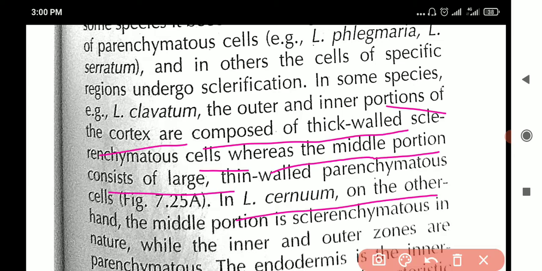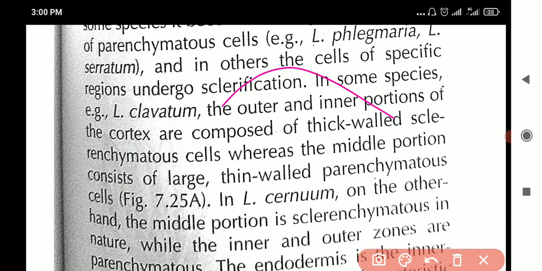So in the diagram, I think it was the clavatum, you saw only epidermis, then there were some thick cells, the thicker cortex. So it has outer and inner portion of cortex. We have the outer cortex and the inner cortex. And you have the middle portion, middle cortex, which is not thick.